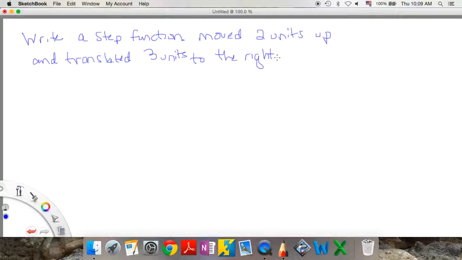Let's say we want to have a step function that's moved 2 units up and translated 3 units to the right. Well, what does that mean? That means we're going to have a greatest integer function because it's a step function. 3 units to the right means our input is going to be x minus 3 instead of just x. And then instead of having nothing off to the side, since we went 2 up, we're going to go up 2.